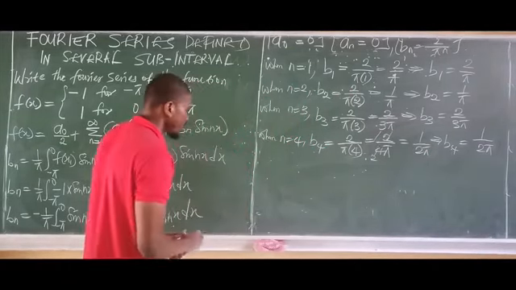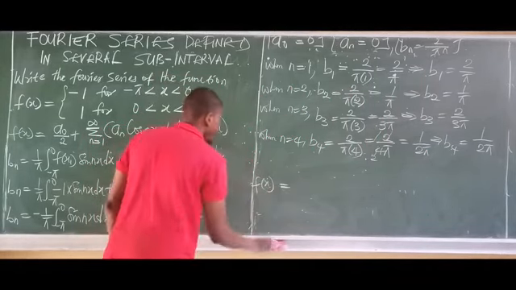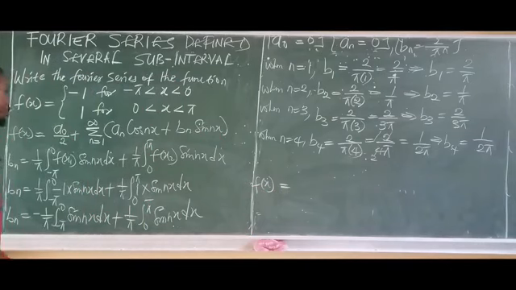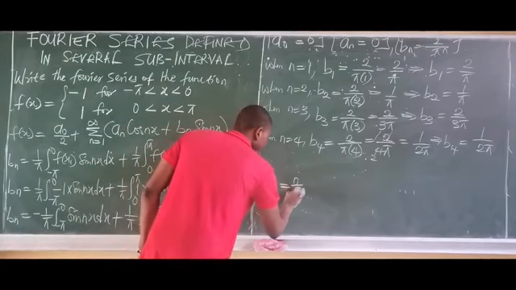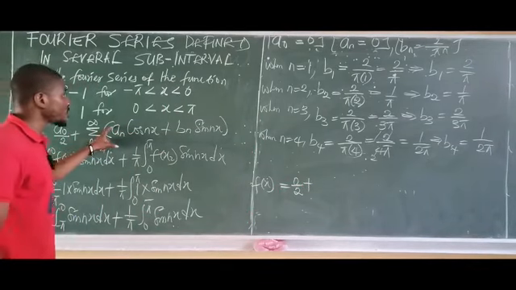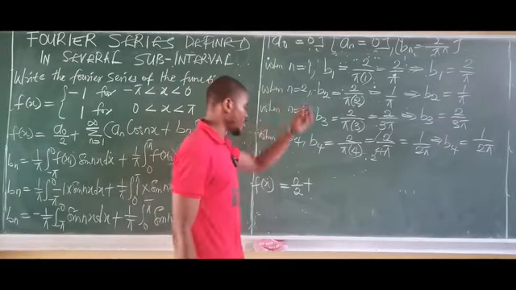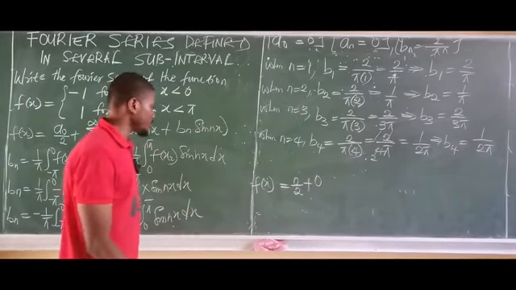Hence, the Fourier series of that function f of x is equal to, remember, it's supposed to be a naught over 2, and a naught is 0. So you simply have 0 all over 2, plus you have An cos nx, and of course An gave us also 0, so 0 times cos nx remains 0.